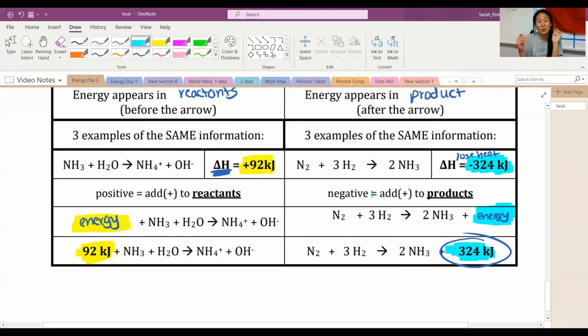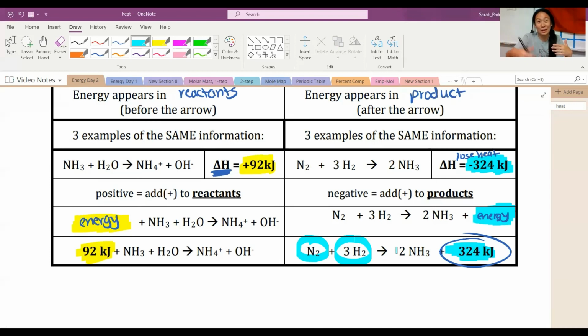In a chemical reaction, we always use plus signs, because plus sign doesn't mean adding. It just means the word and. So nitrogen plus hydrogen is going to make ammonia and lose 92 kilojoules. That's what that plus sign means in a reaction.